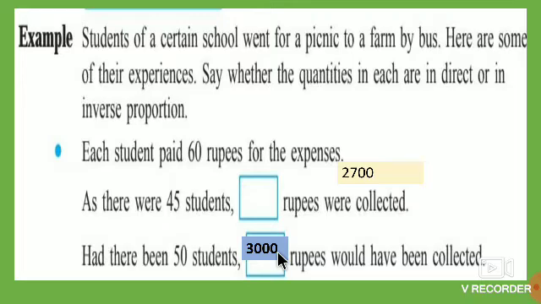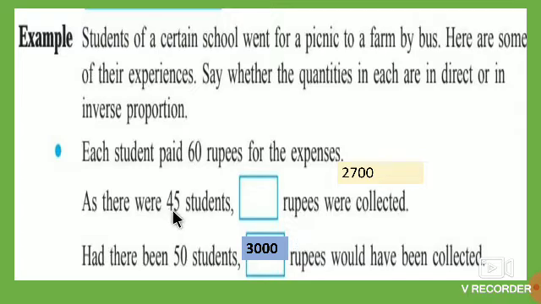So which type of proportion is there? See here, first 45 students are there, then 50 students are there, which means the number of students increases from 45 to 50. If relatively the other quantity also increases, then we can say there is a direct proportion.